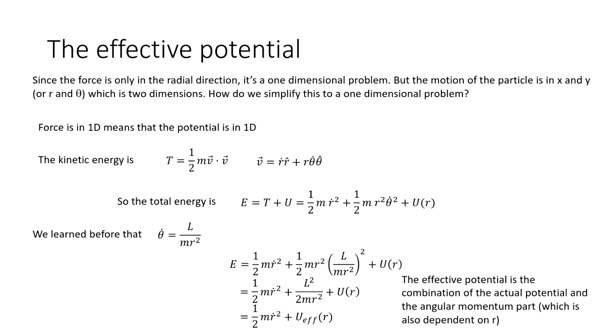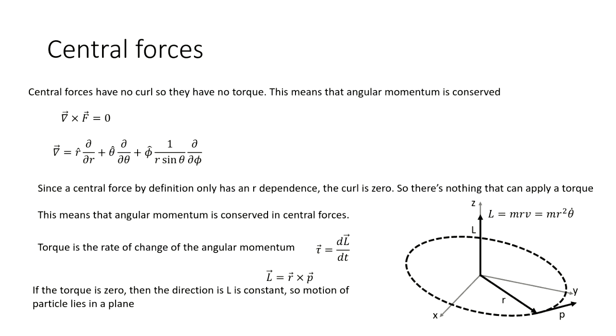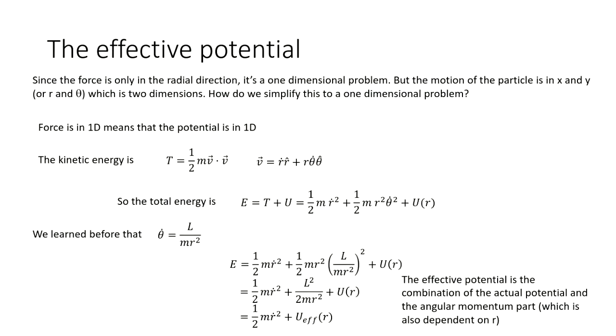Now, we learned in the previous slide that the magnitude of L is m r v, or m r squared theta dot. So we can rewrite theta dot as L over m r squared.